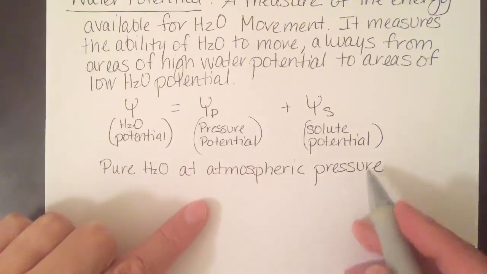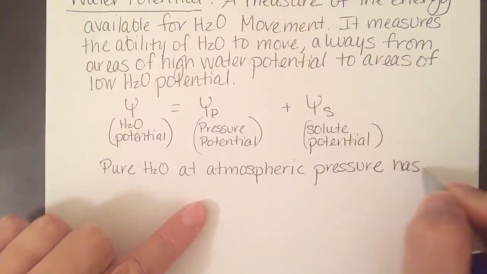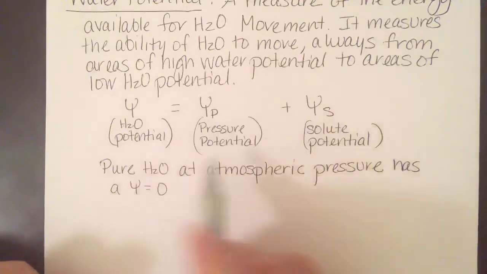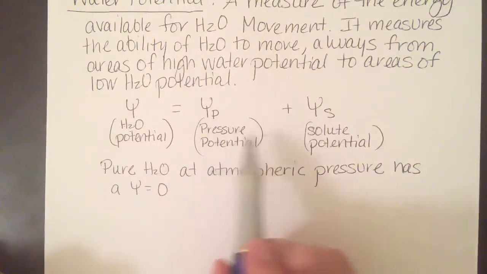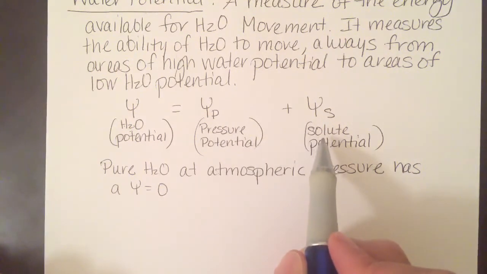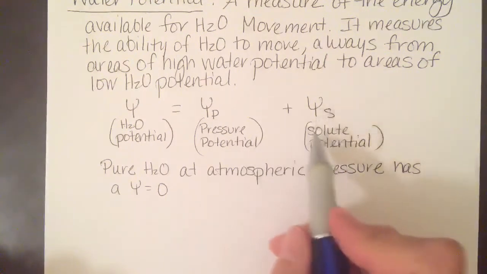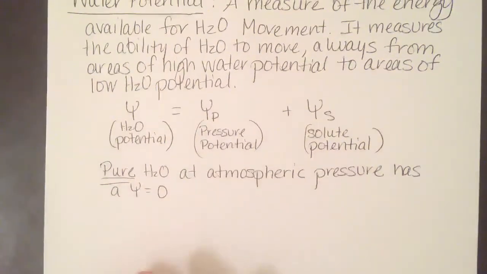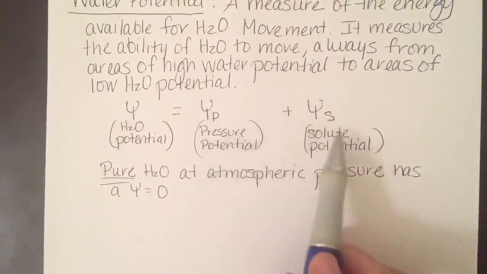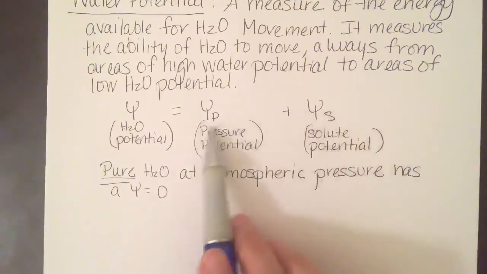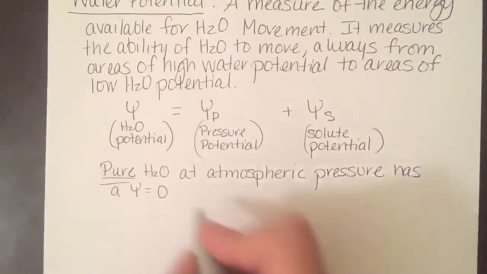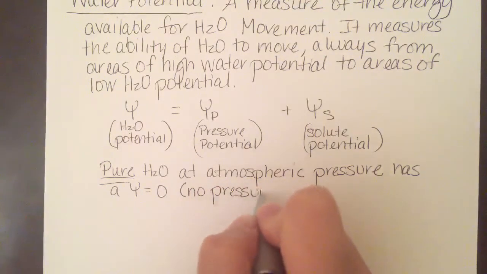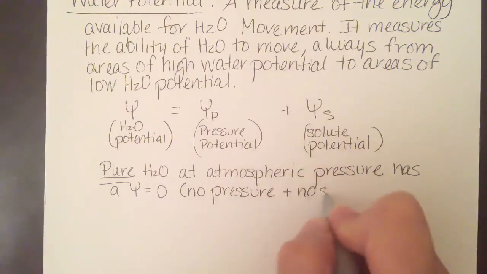So just pure water at atmospheric pressure has a water potential of 0, meaning that there's no additional pressure and there's no solute potential. All right, so there's no solutes, so it's pure water. Both of these values would be 0, no solutes, no pressure, water potential is 0. So let's write there, no pressure and no solutes.